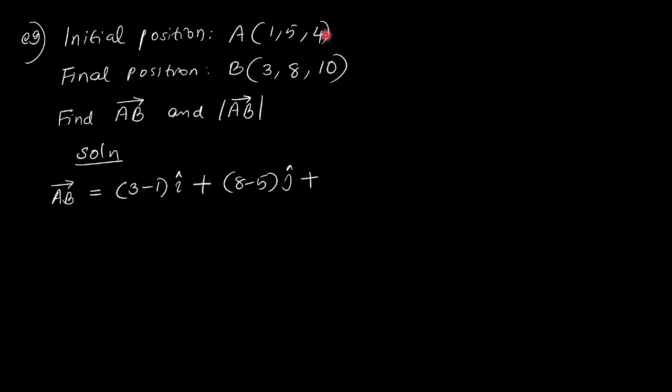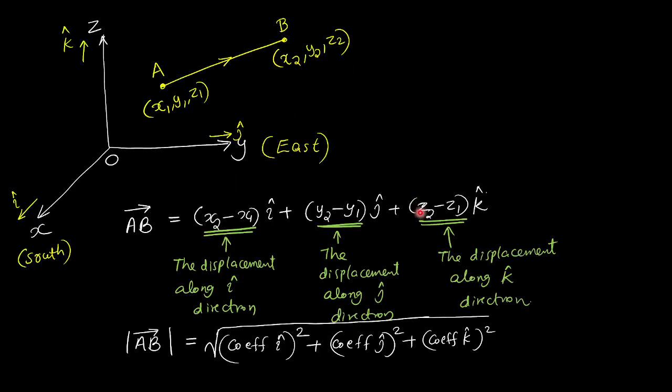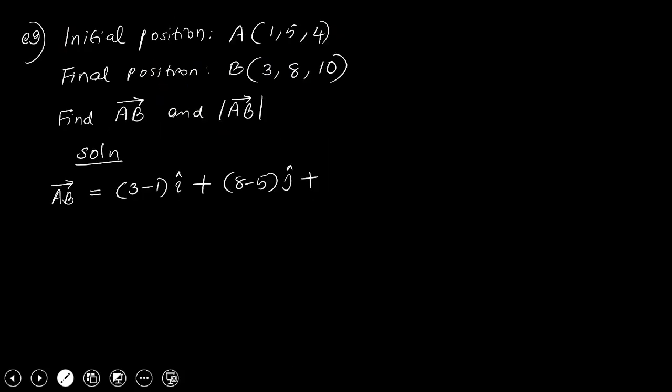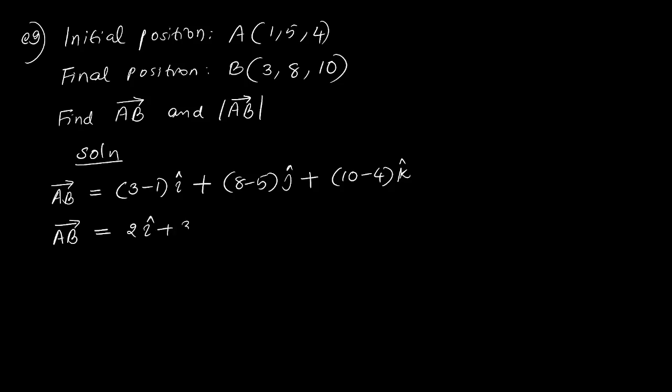Then z2 minus z1, 10 minus 4, k. So AB, the displacement vector, is equal to 2i plus 3j plus 6k.